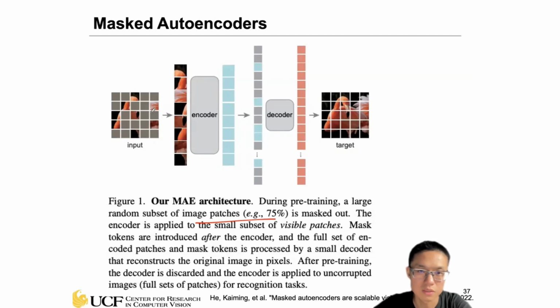You mask out some of the patches and reconstruct the missing patches. Once this network is trained, you can use this encoder architecture as a pre-trained model for the downstream task. You can remove the decoder and just use the encoder as the pre-trained model, fine-tuning it on downstream datasets for image classification, segmentation, or detection.